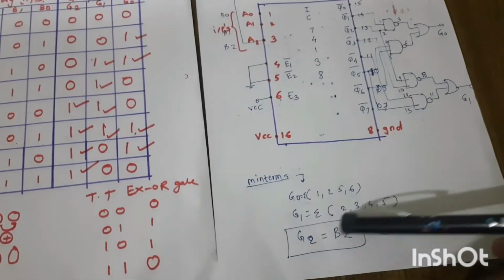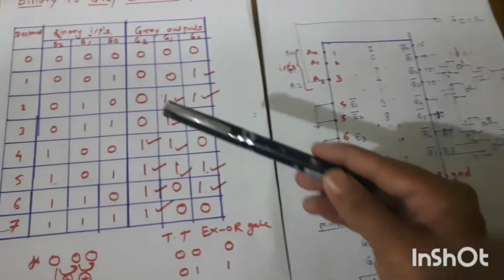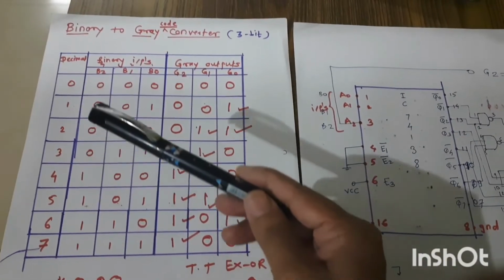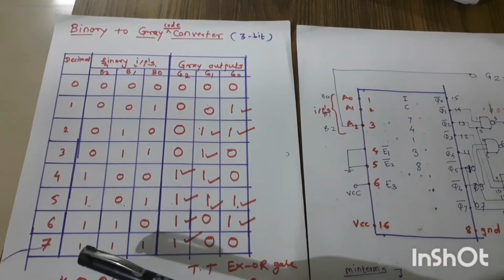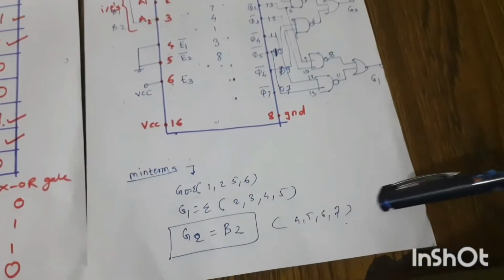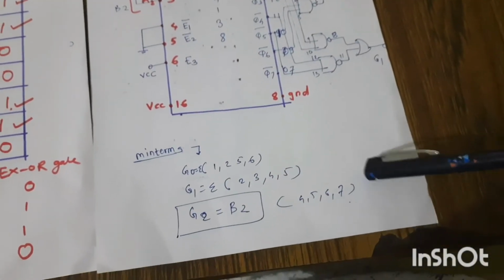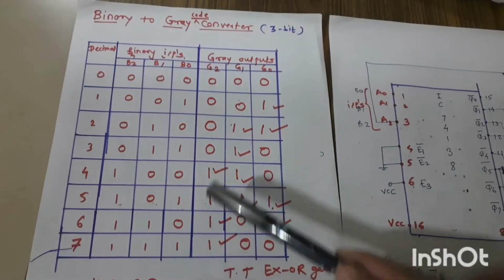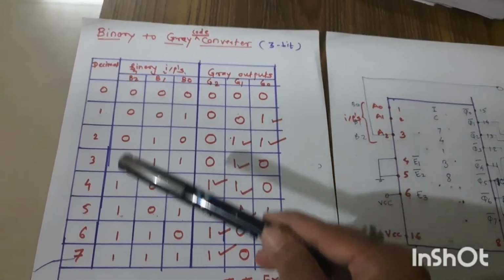We have already written here. Then you can see the minterms of G2, that is 4, 5, 6, 7, is equal to the minterms of B2, that is 4, 5, 6, 7. That's why for 4, 5, 6, 7, we can write G2 equal to B2, because you can clearly see here this G2 is equal to B2.